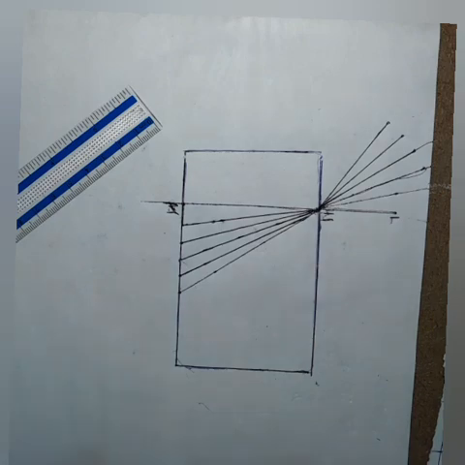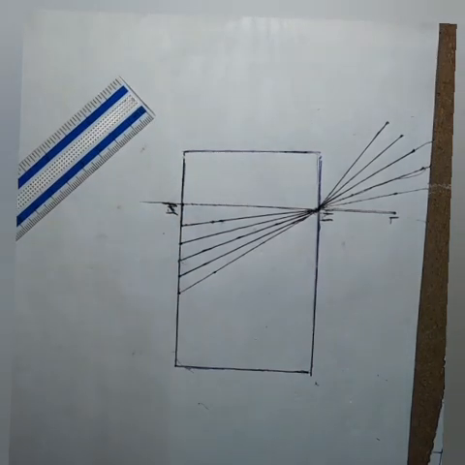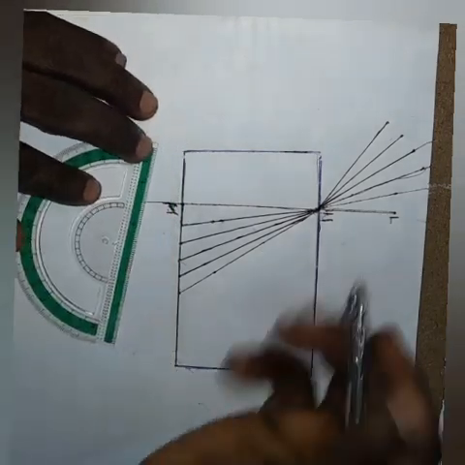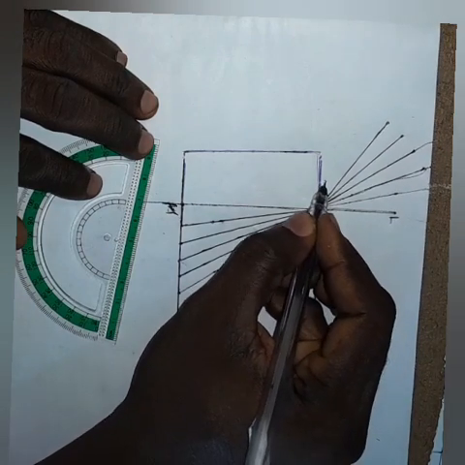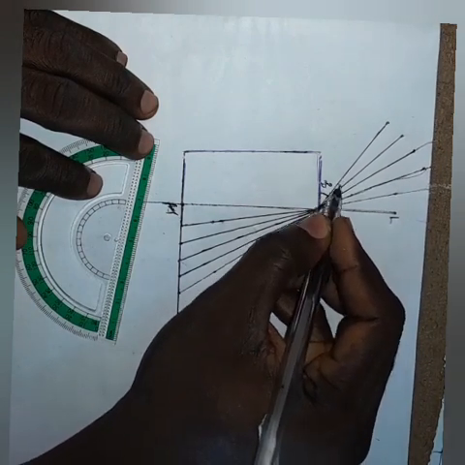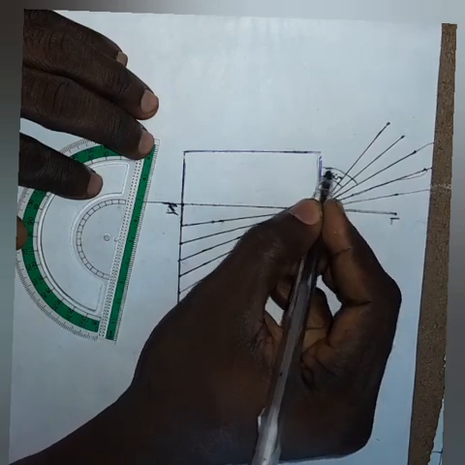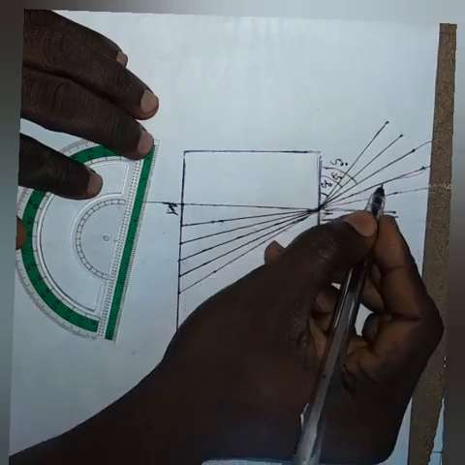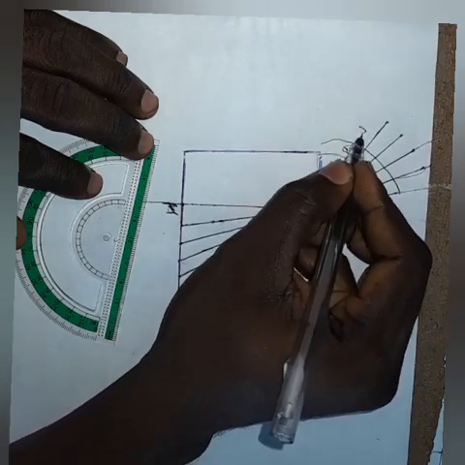Now, notice that we are going to have lines coming out of there where we are going to put our pin. That is not a problem. Now, these angles here, this makes an angle of 35 degrees with this, 45 degrees with this, 55 degrees with this. This one is 65 degrees, and this one is 75 degrees.